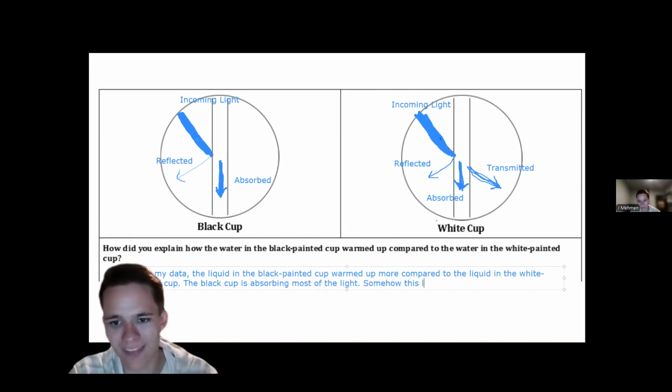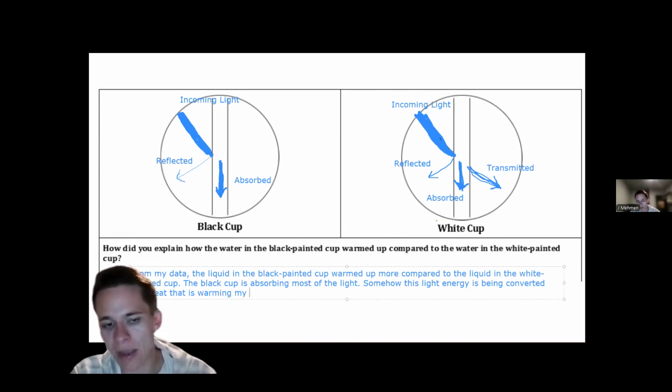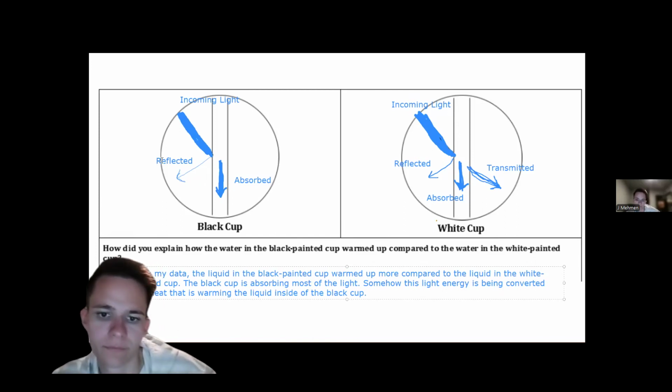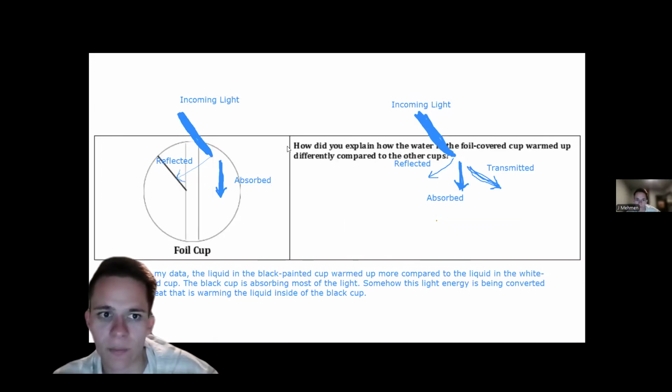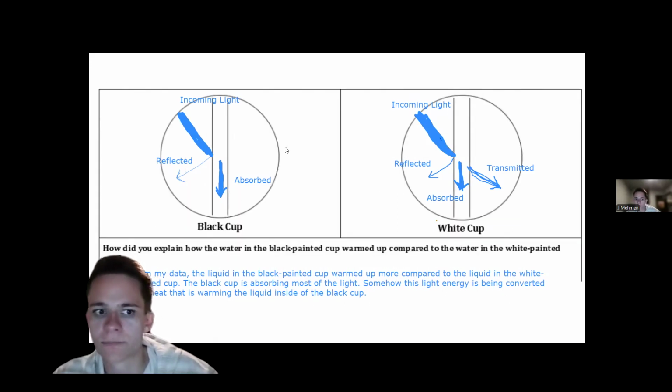Somehow, this light energy is being converted into heat that is warming the liquid inside of the black cup. Again, we look at the data in front of us, we make some claims, and we make some conclusions.